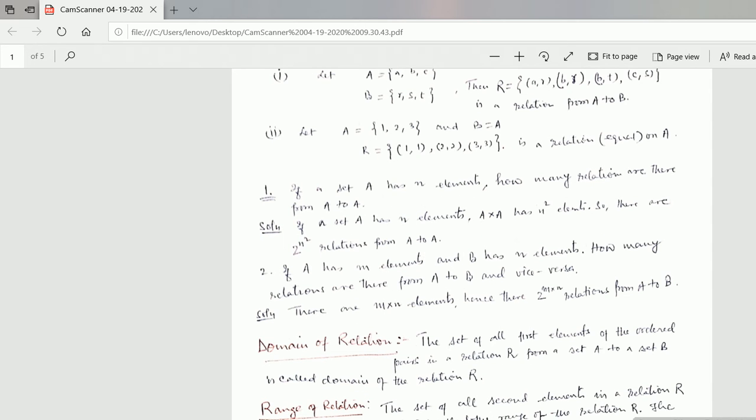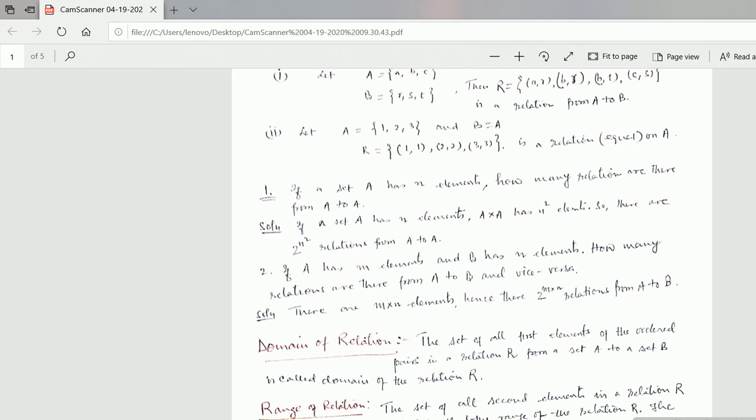If a set A has n elements, how many relations are there from A to A? If a set A has n elements, A cross A has n square elements.